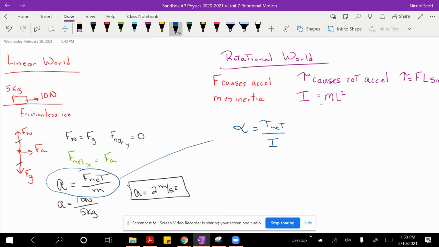The difference is, and how we can tell the variables apart, is that instead of using a and v and x for distance, we're going to use Greek letters. We're going to use alpha. And there's going to be a new symbol for velocity. And there's going to be a new symbol for the distance.